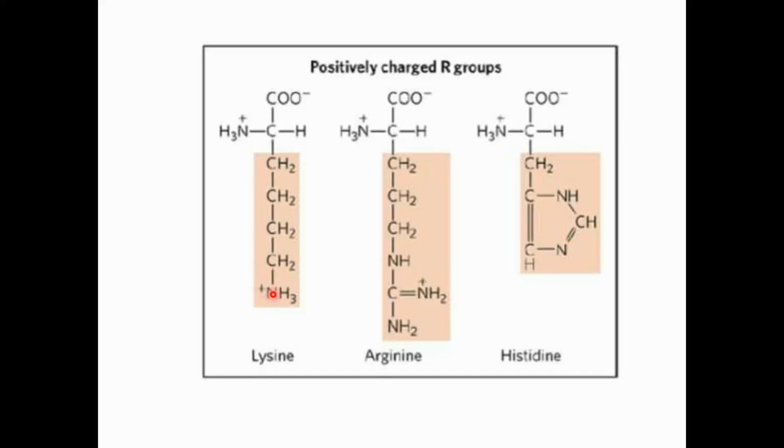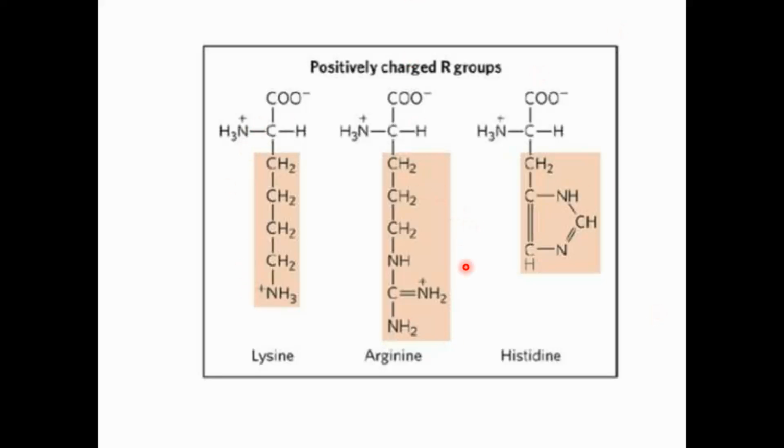We already have a positive charge here and a negative charge here, so this positive and this negative cancel each other, leaving a positive charge remaining on the overall molecule. That is how this amino acid has a positive charge, or we call it a positively charged amino acid.